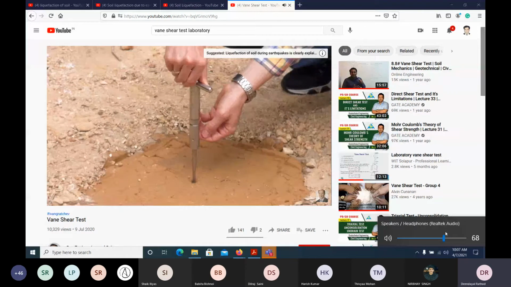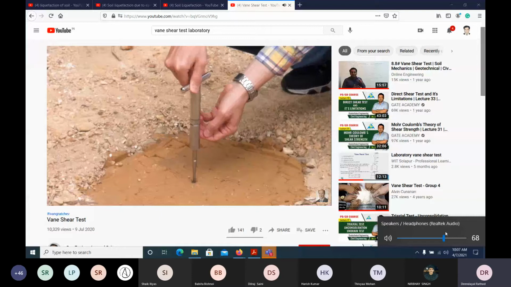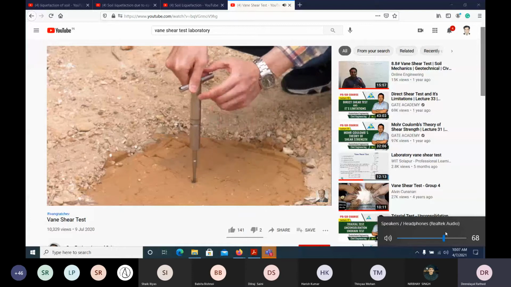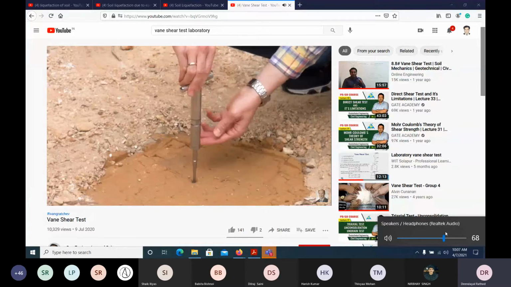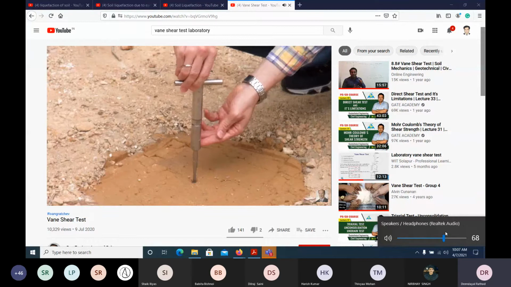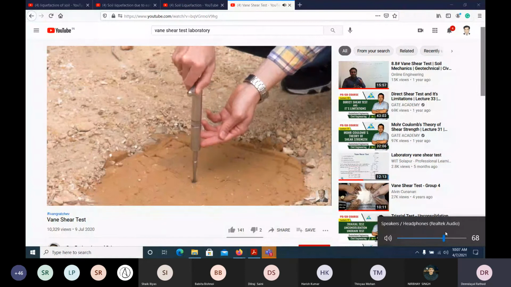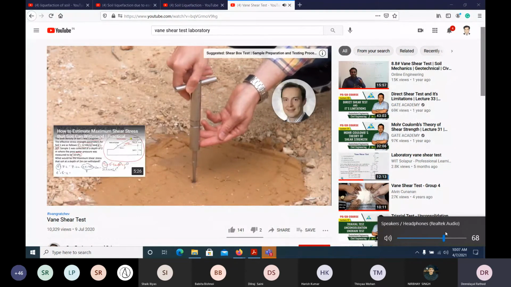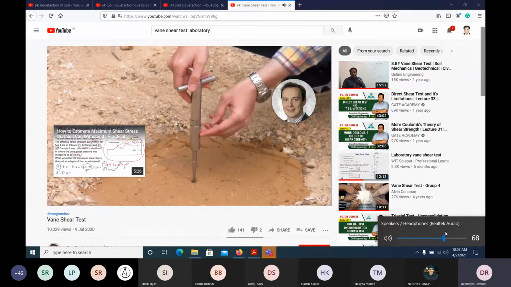We are applying this torque slowly, until there is no more resistance of soil, and we'll check the results.